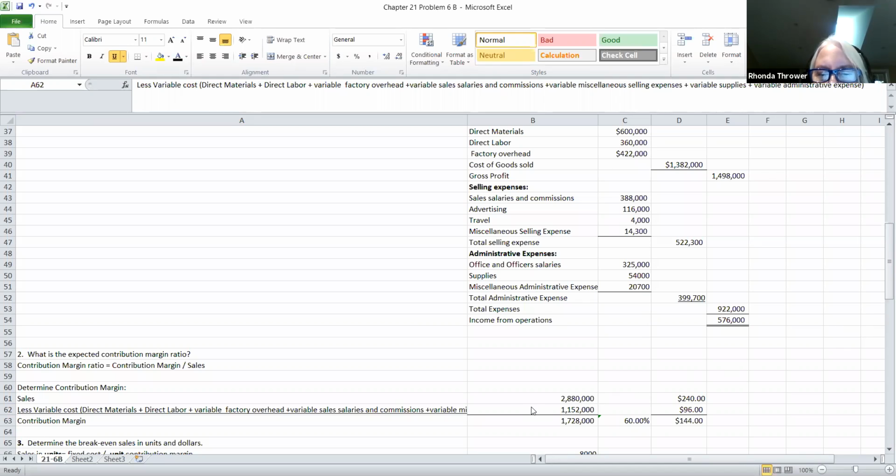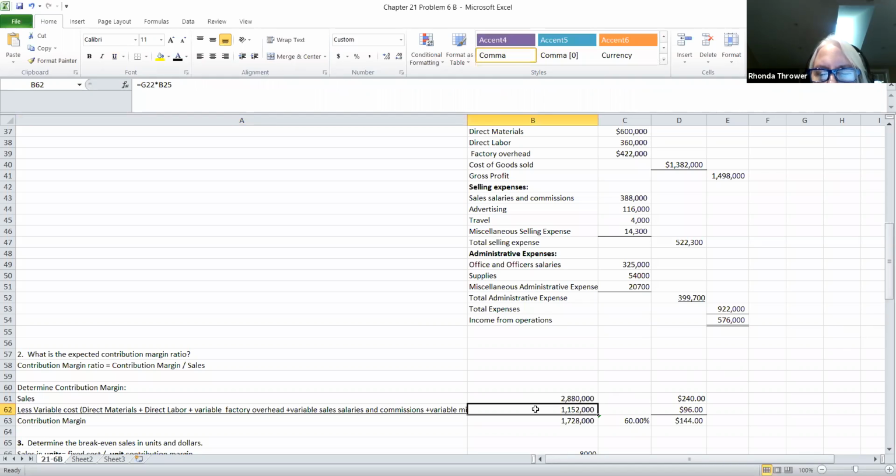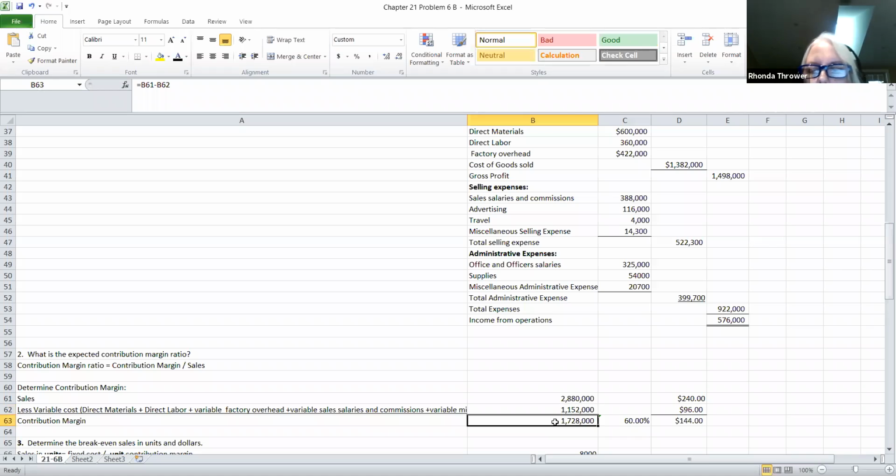But the easiest way is to take the total variable cost per unit and multiply it by the expected sales in units. And that's how I got this amount here. Once you know your variable cost, you subtract it from your sales, and that will give you your contribution margin in dollar amounts. But notice what they wanted here in part 2 was the contribution margin ratio.